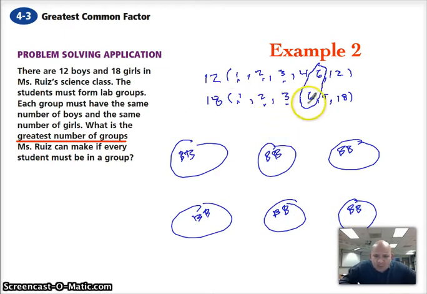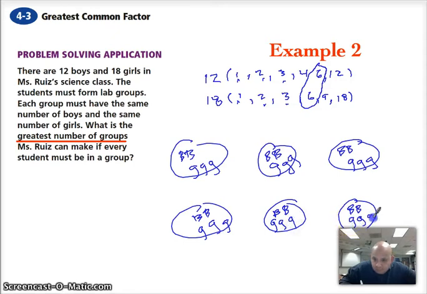And then the girls, 18 divided by 6 is 3, so there's going to be 3 girls in each of these groups. Now check that out. We have a total of 18 girls represented in these 6 groups, and we have a total of 12 boys represented. And we've maxed out on the number of groups we have. So this is the greatest number of groups we can have.